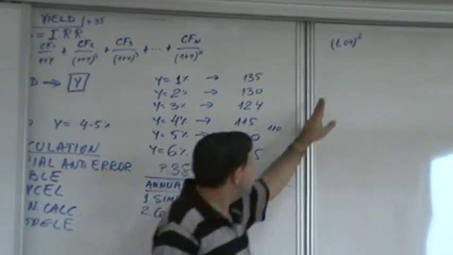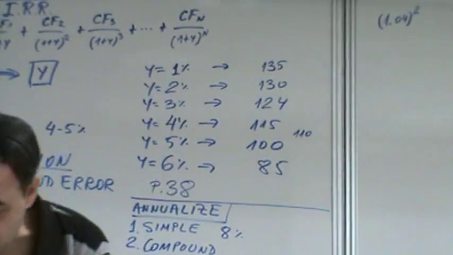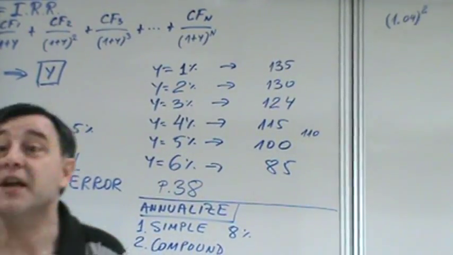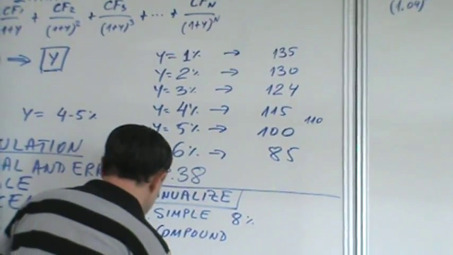Now, this 4% has a special name. It's called the periodic interest rate.